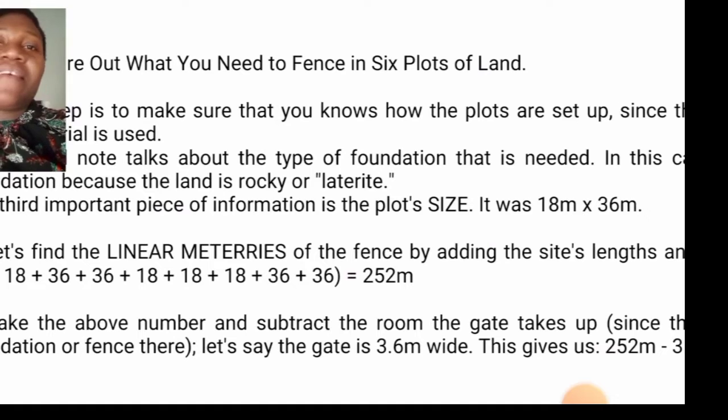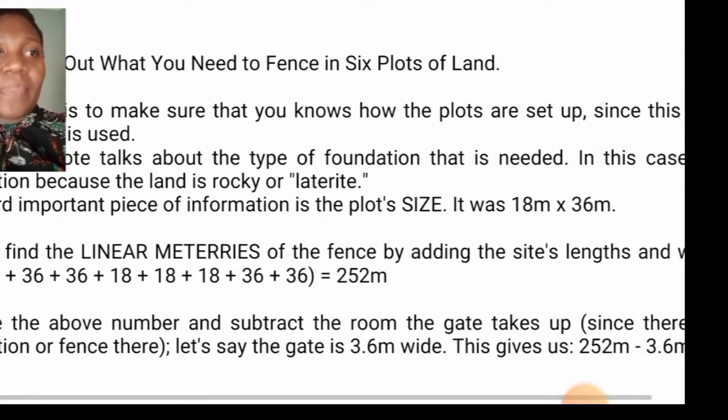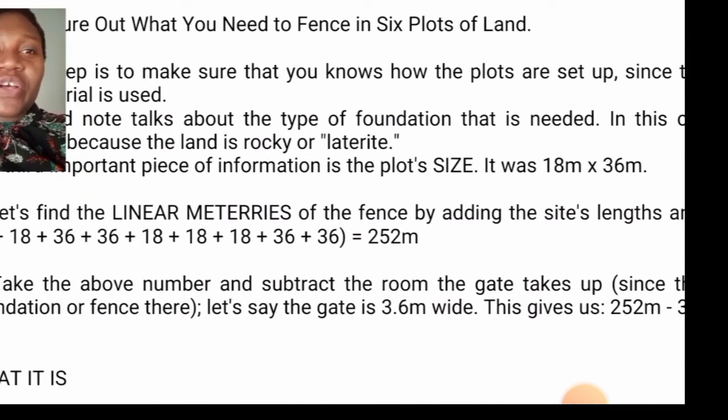So let's find the linear meter of the fence by adding the site length and width, which, after adding it, will give you 252 meters. Now, take the above number and subtract the room the gate takes. When it comes to the gate, you don't need to calculate it, because you're not going to dig it and you're not going to put blocks there.